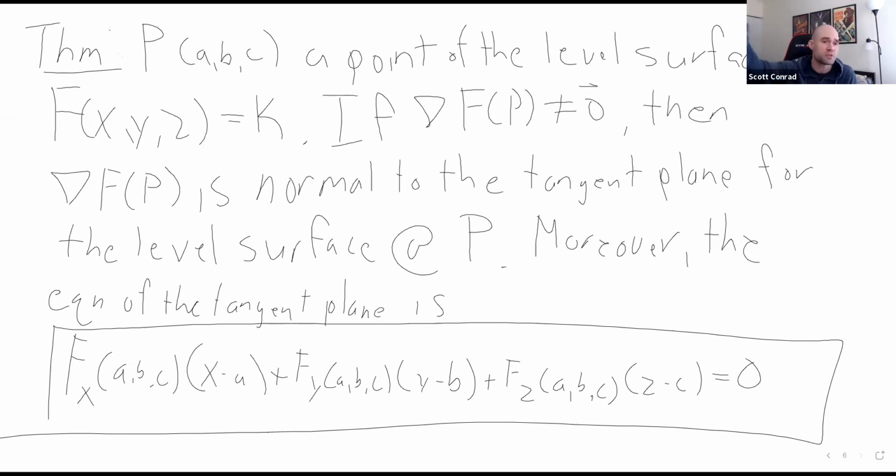Well, the thing is, these are two different surfaces. One is the graph of a function of 2 variables, and one is a level surface for a function of 3 variables. But it turns out, I'll show you in a sec, this equation actually gives us exactly the other equation in the case of a graph of a function. And we'll show that in a sec.